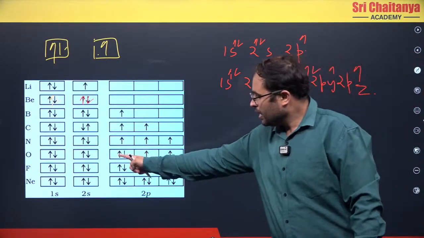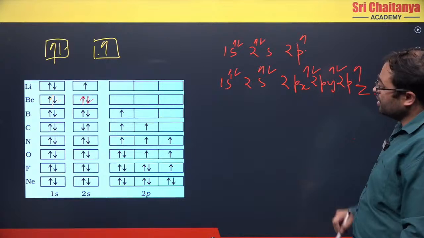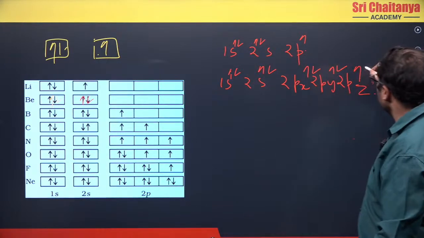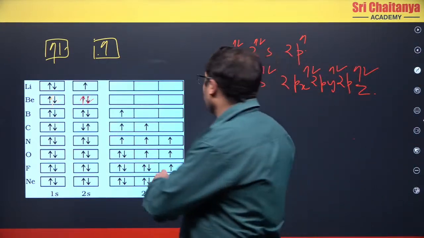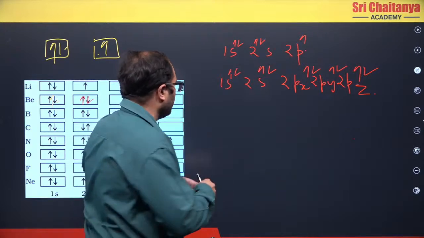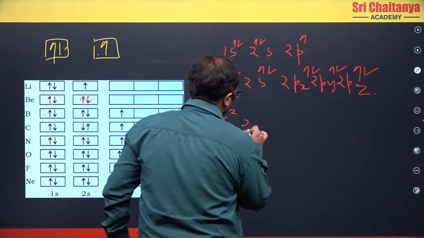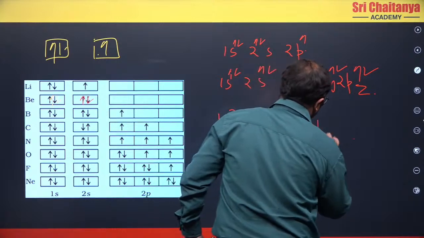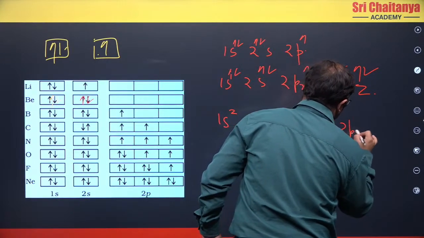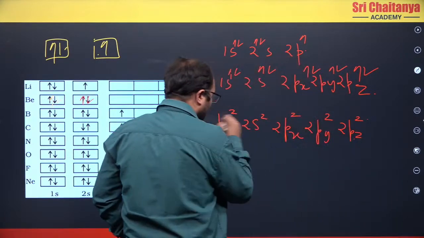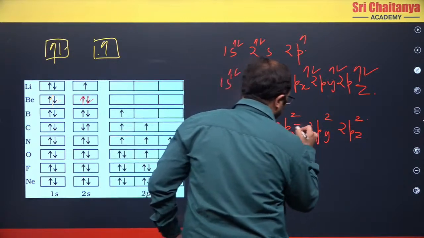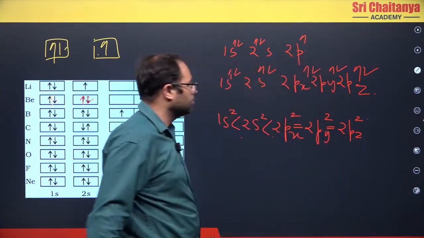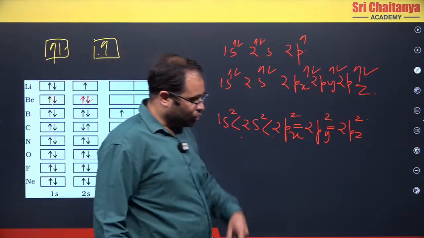Right. Fluorine has 9. Neon has 10. So all of them are filled. You can write this like this, or you can write 1s2, 2s2, 2px2, 2py2, 2pz2. Remember, the energy orders are like this. Here, this is equal. Okay, like this also we can write.